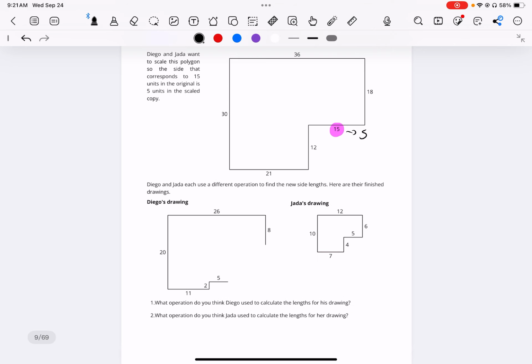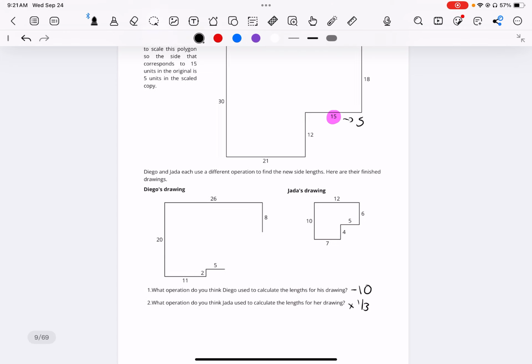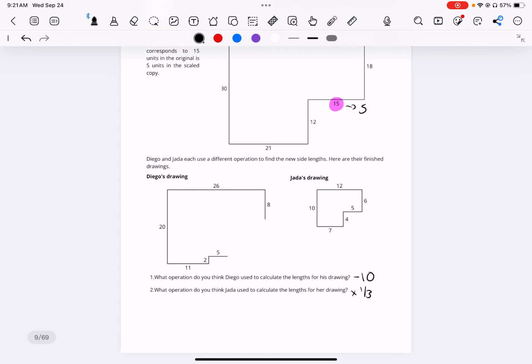I noticed that Diego went from 36 to 26, 21 to 11, 12 to 2, 15 to 5, so Diego subtracted 10. But Jada went from 36 to 12, 30 to 10, and 15 to 5. Jada multiplied by 1/3. So even though they both had 5 correctly, they used different operations.